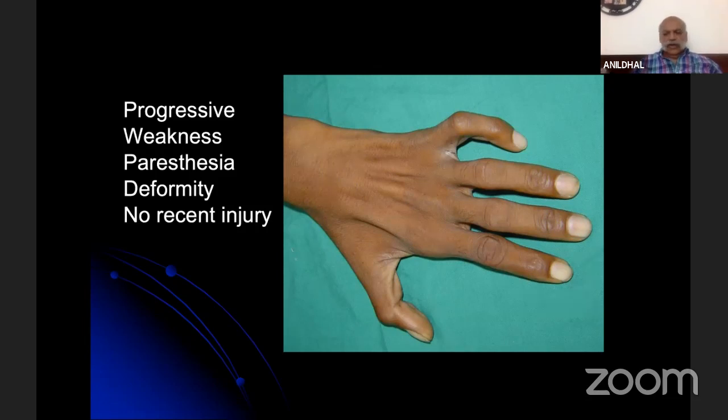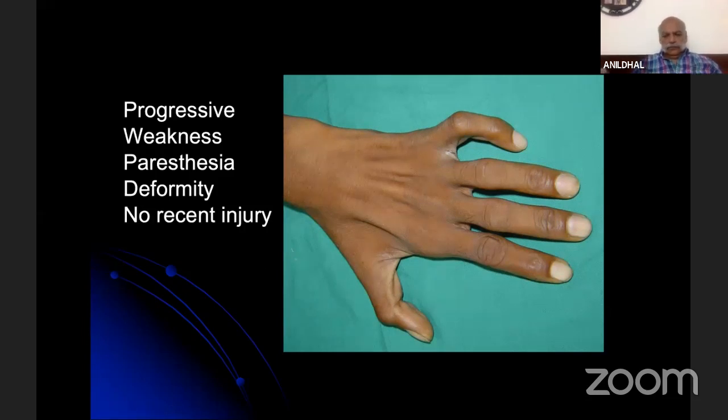Well, looking at the hand, there is intermetacarpal wasting, which is probably due to the dorsal interosseous wasting. The first web space on the dorsal aspect is severely wasted, signifying wasting of the first dorsal interosseous as well as the adductor pollicis muscle. And there is some semblance of an ulnar-sided claw deformity.